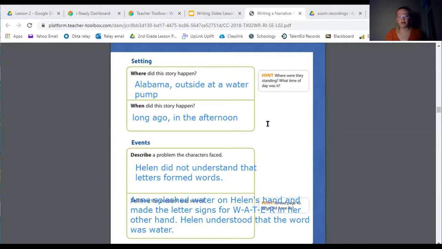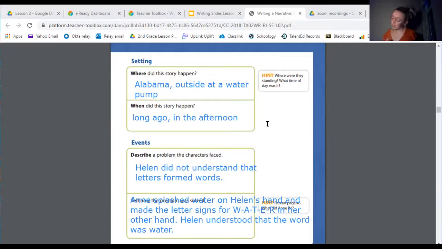So back on page 48, for characters, we talked about Helen Keller. We said she was young, she was blind and deaf. She didn't know that letters formed words. We talked about Anne Sullivan being a patient teacher who worked hard to help Helen.